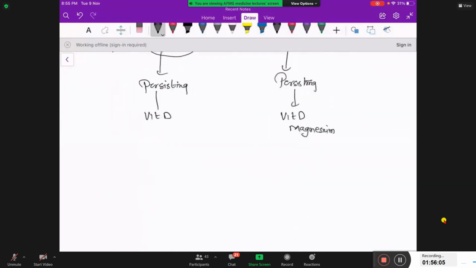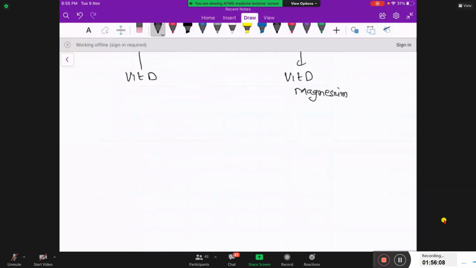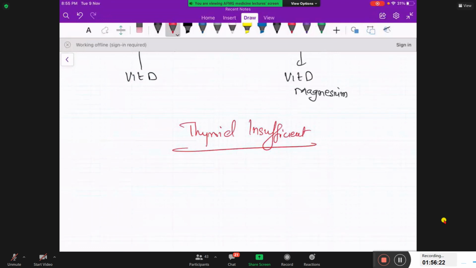Understood? Now, so these are the complications. Another complication: once you have done a total thyroidectomy, the patient will be thyroid insufficient also.